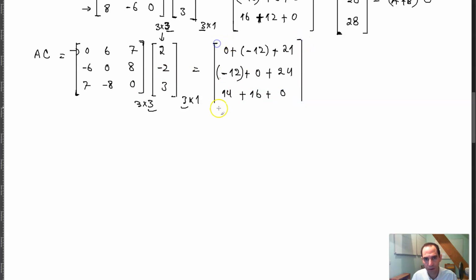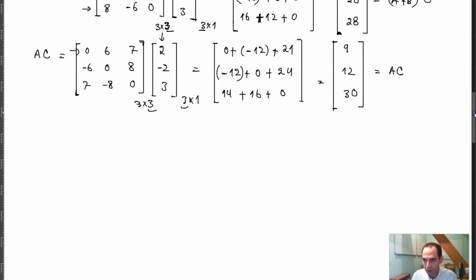And if I add, I can write this as 21 minus 12 is equal to 9, and 24 minus 12 is equal to 12, and 14 plus 16 is equal to 30. So that is A times C.